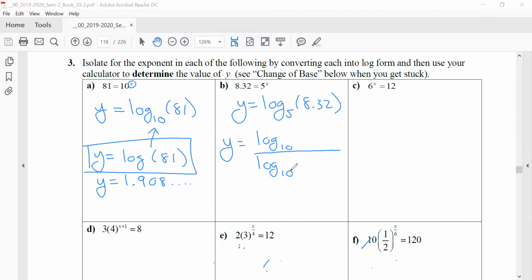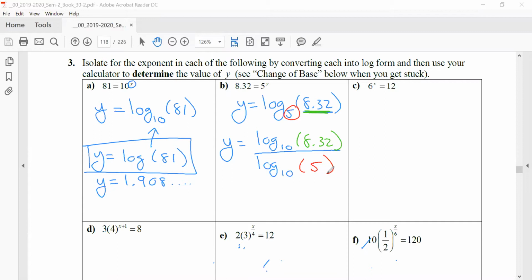And then what's in my argument right there, maybe I'll change that to green. What's in my argument goes to my numerator, and what's in my base goes to the argument of my denominator, just like that.